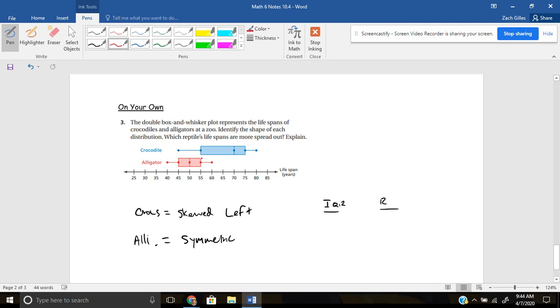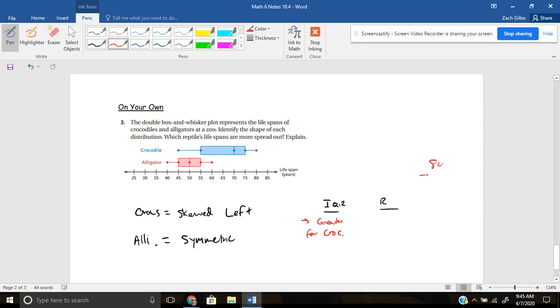I can just tell the box for the crocodiles is bigger, so the interquartile range is greater for crocodiles. Also, if you look at their entire lifespans, the range for crocodiles goes from 45 to 80.